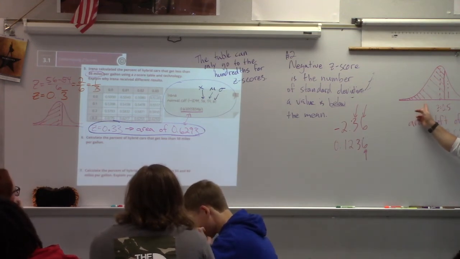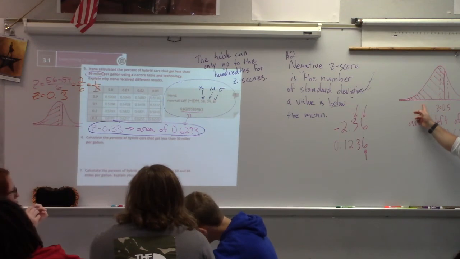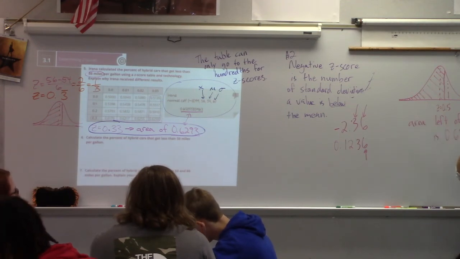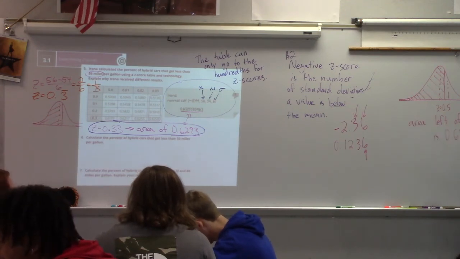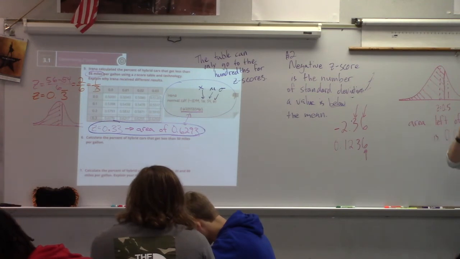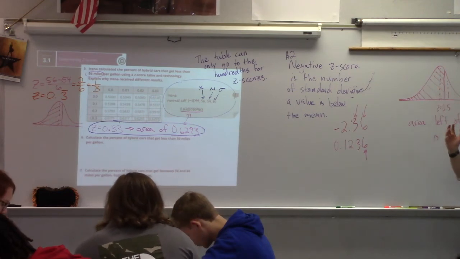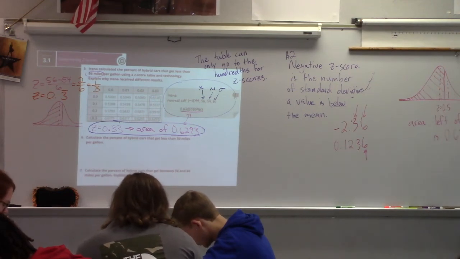I approximate using my standard deviations where the z-scores are, and I shade in the area that I want. It will help you, especially with a question like number 7. So I find my z-scores, I shade in the areas on the standard normal distribution, and then find those areas.